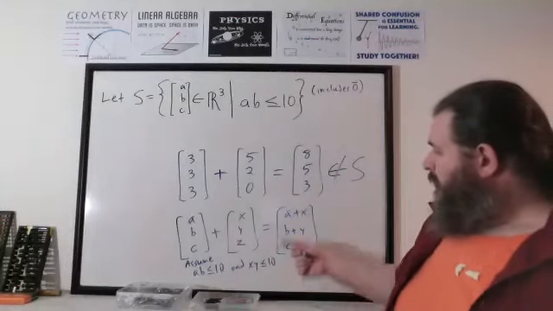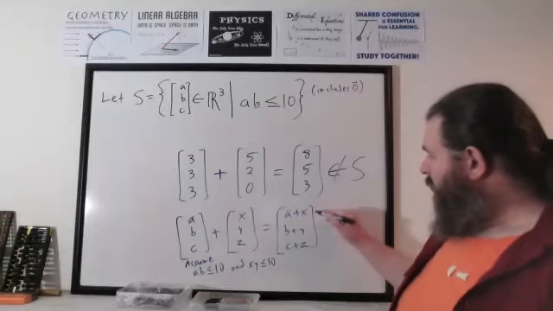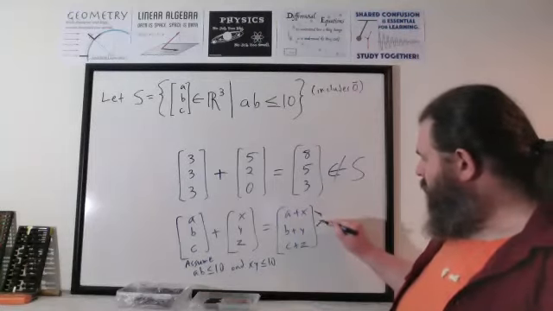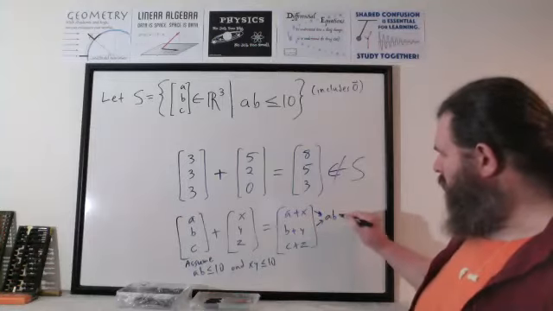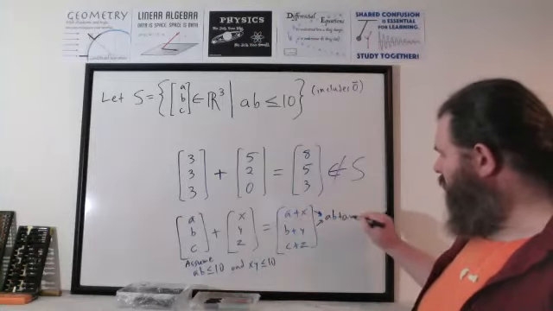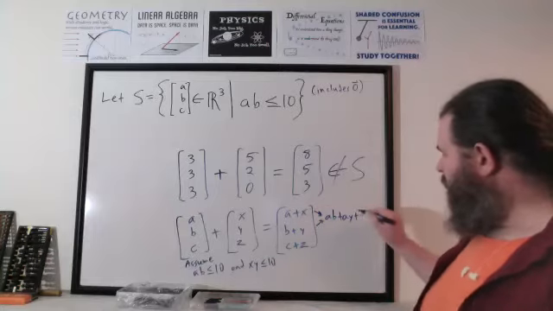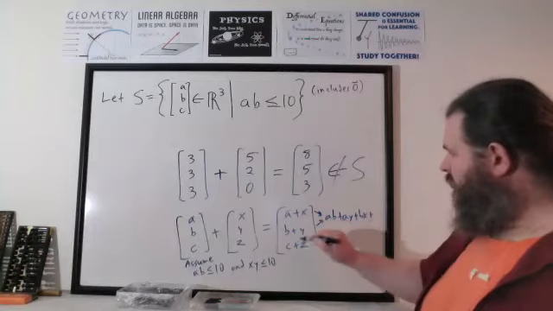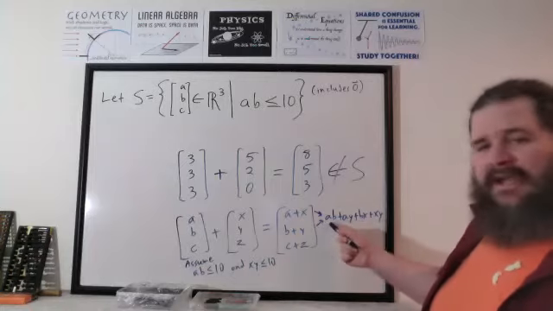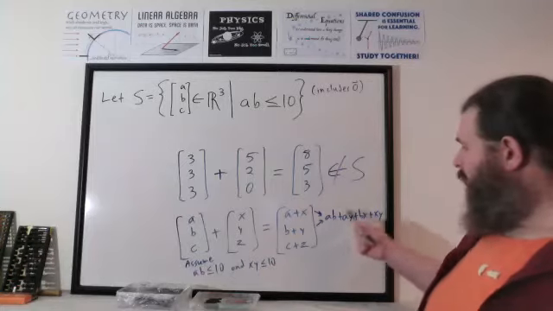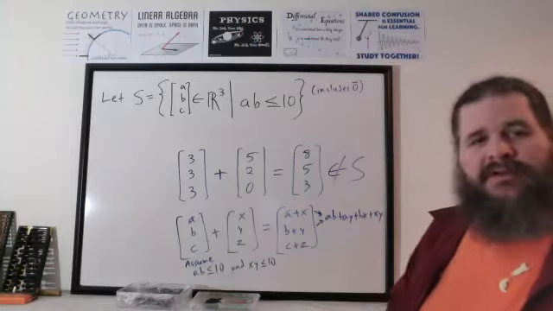And then if we tried multiplying out A plus X times B plus Y, we get AB plus AY plus BX plus XY. And we do know that AB is less than or equal to 10. And we do know that XY is less than or equal to 10.